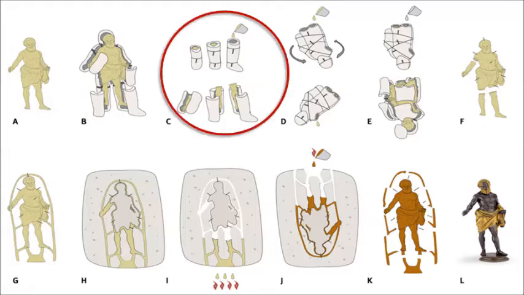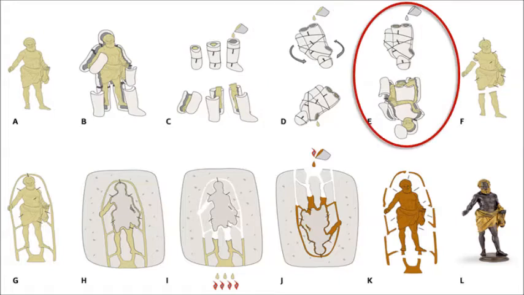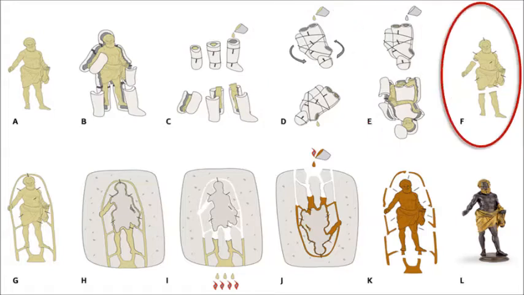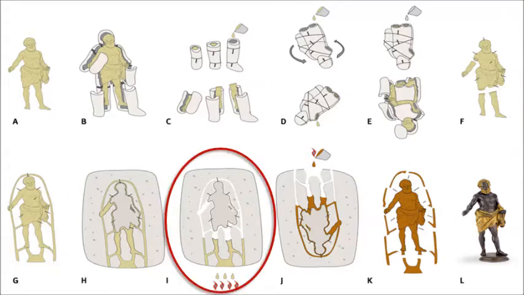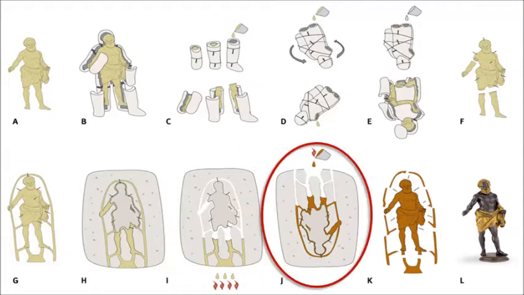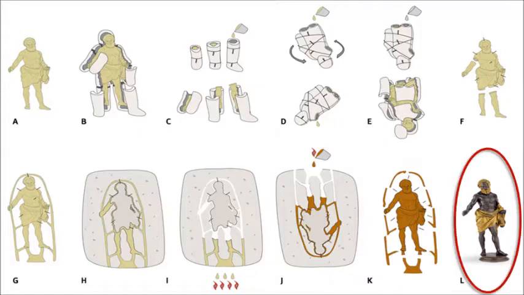It is then covered with an outer layer of clay with one or more apertures piercing it. Molten bronze is poured through the latter and the wax evaporates, allowing the bronze to coat the clay core. The outer layer of clay is finally broken and discarded.